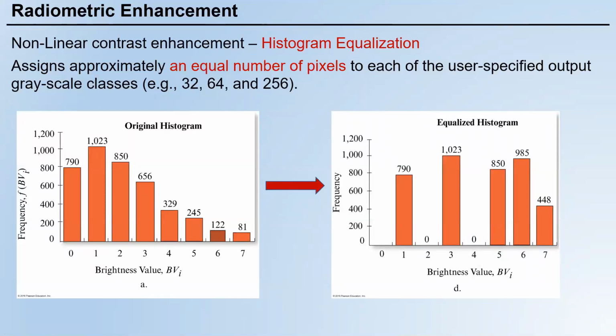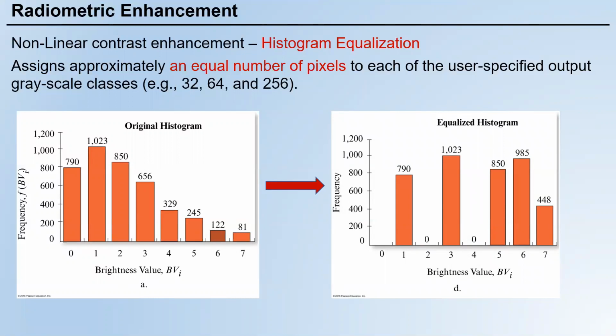I would not say dynamic range; the tone of the image has been expanded. Before the equalization, the image could be very bright or very dark. After the equalization, there are dark pixels and bright pixels, so the image looks better. So it's a type of enhancement.